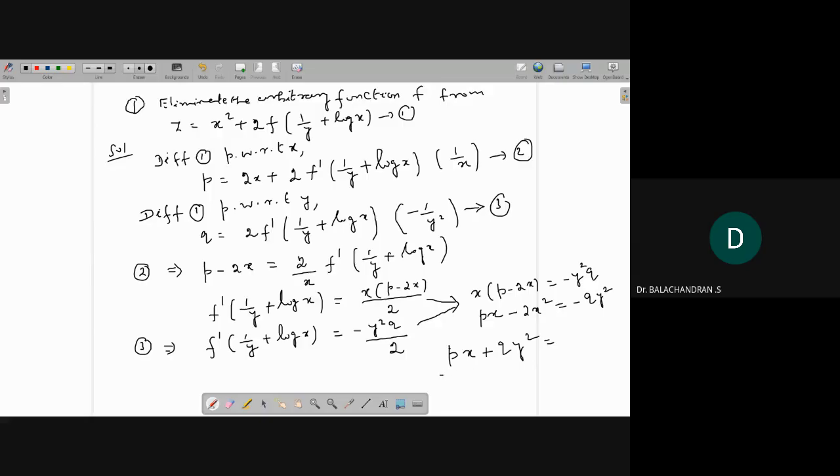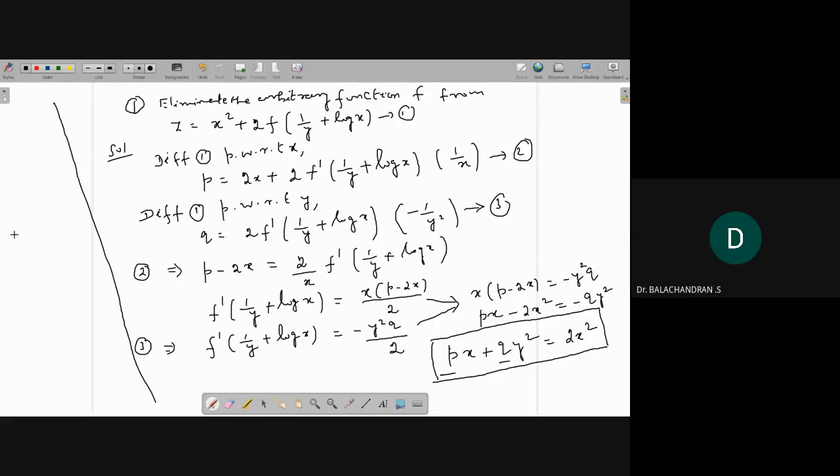So p, q, and then the right hand side you can write the remaining thing, which here is 2x square. This is the final answer. At least you should write the final answer, because for the next question I am not going to solve the problem. I am just going to ask the final answer. You should try to tell.